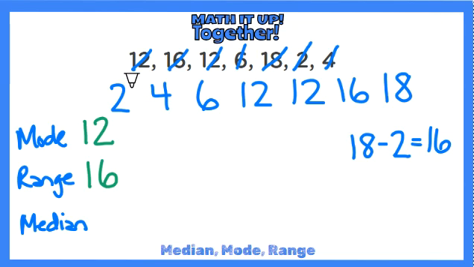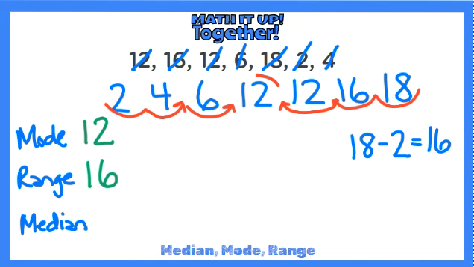Let's see which way this one's going to go. I'm going to count in this direction, and in this direction. I'm not quite to the middle yet. Oh, one more, and I have my middle number right here. I'm going to box that out. So my middle number for this set of data is 12.